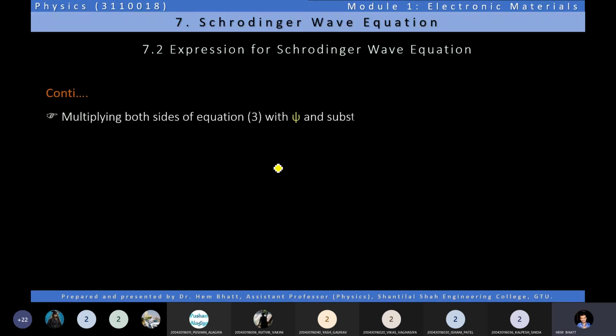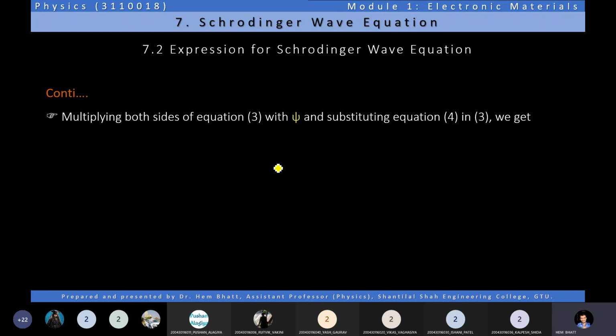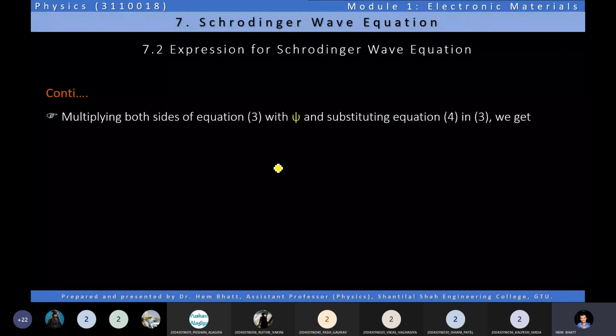Multiply the third equation with psi on both sides. Do what I have written on the screen in your book and tell me what comes. Do it in your notebook and tell me what I should mention next.